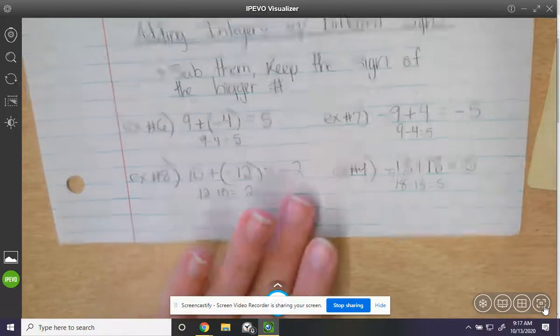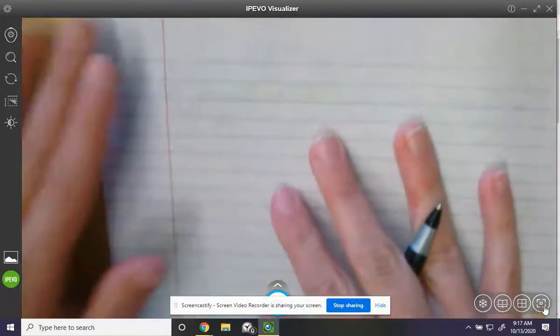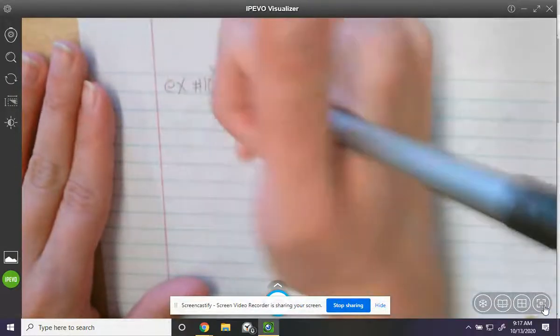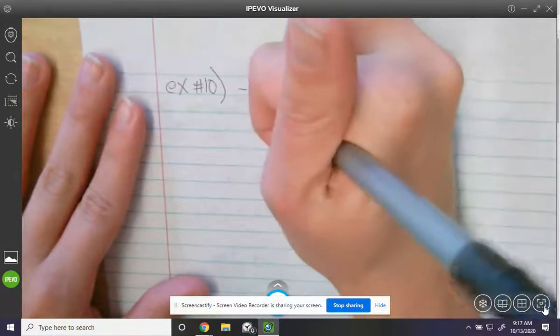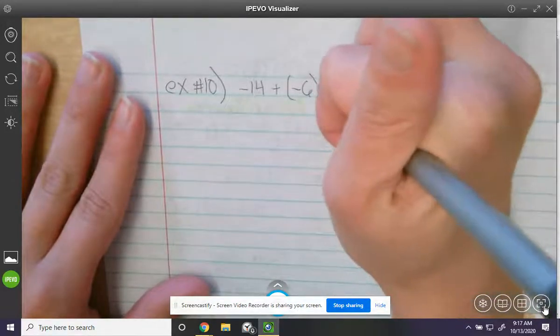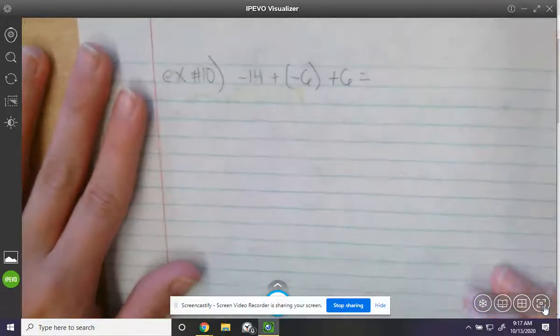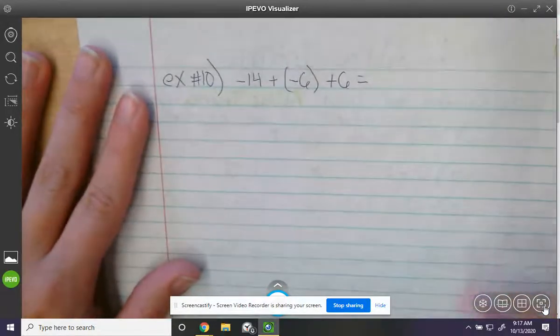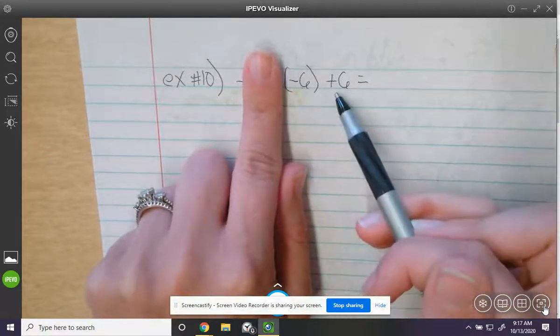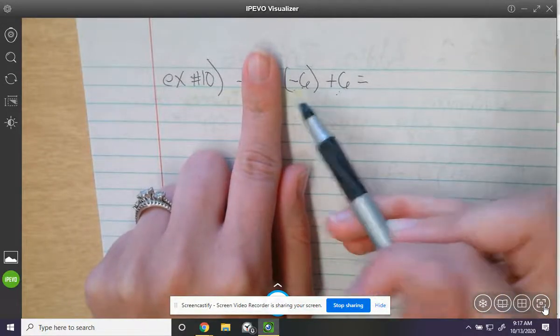All right, last one. I have to flip to the back for one problem. Negative 14 plus a negative 6 plus 6. So you can only add two things at a time. So I'm going to go ahead and look at these two. Forget 14 for a second. What are these two numbers? They are additive inverses.